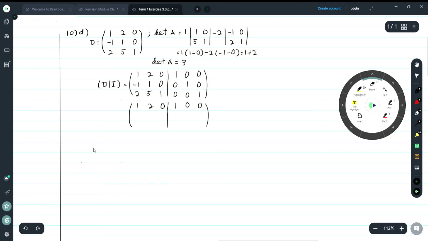The first step is to modify the first column into 1, 0, 0. The first is already 1, so we try to modify this minus 1 and 2 into 0.